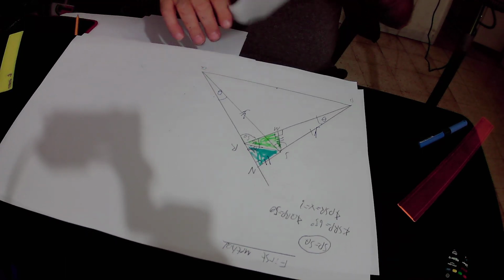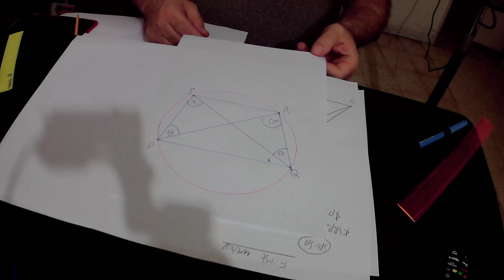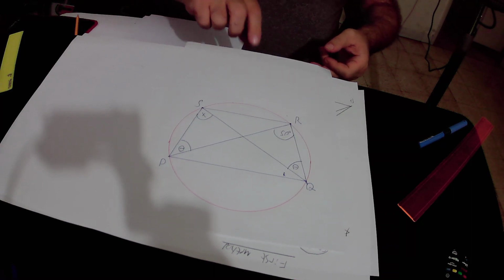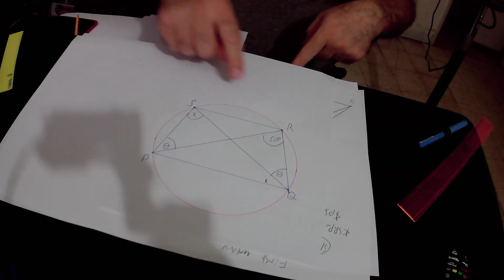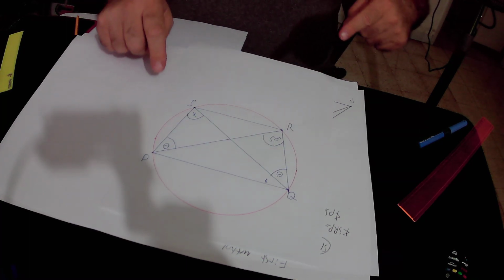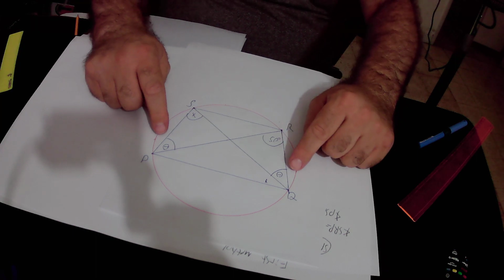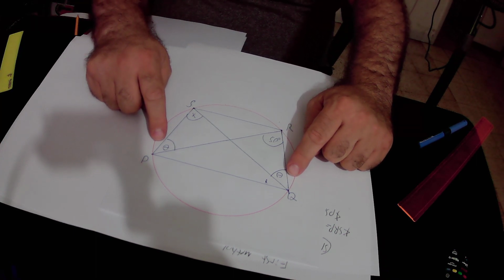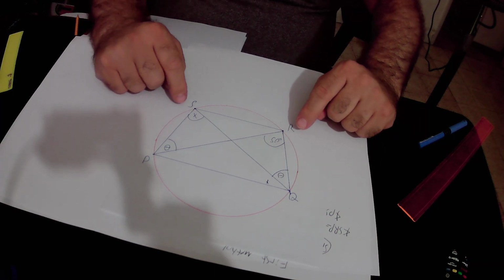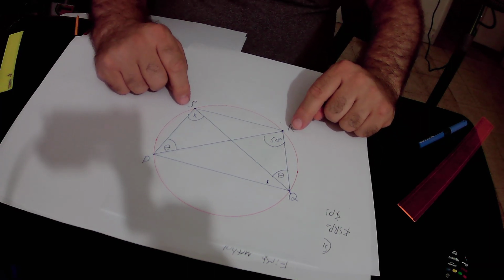Here we have the same quadrilateral SRPQ. We can see that those two angles that both equal theta subtend the same segment line SR.